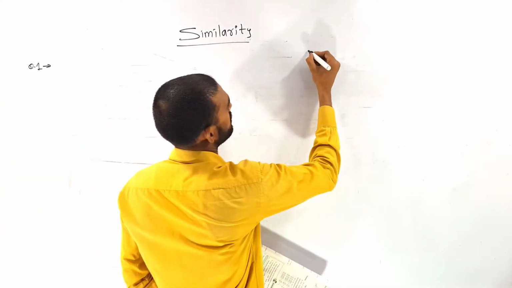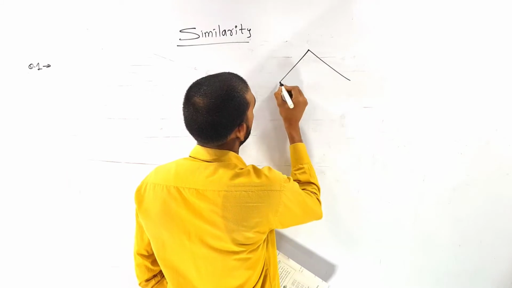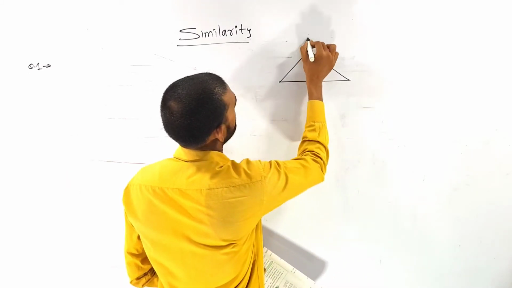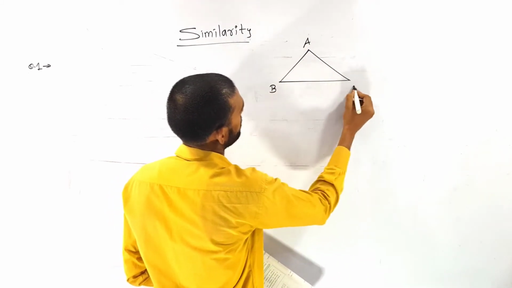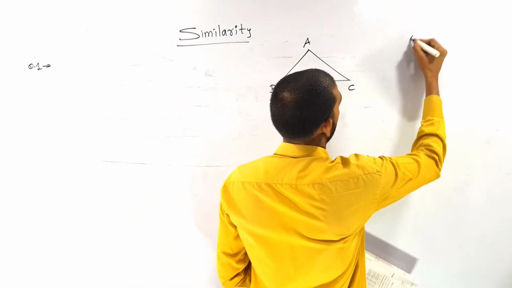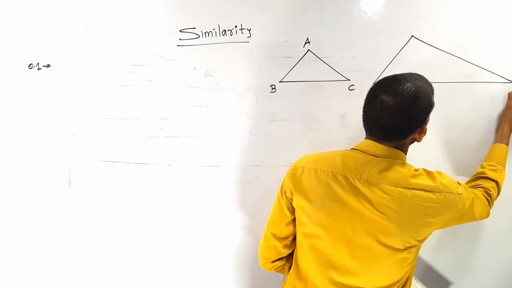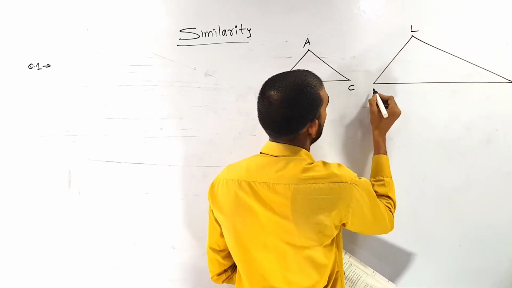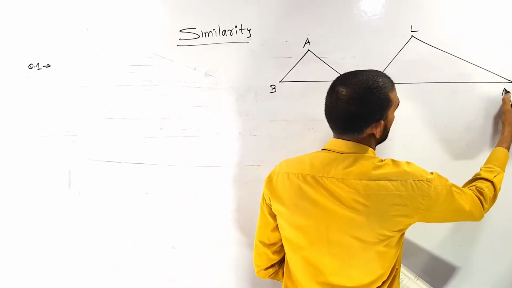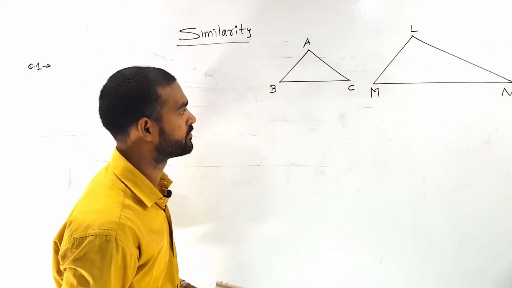The first one, let us say my first triangle ABC. My another triangle LMN.